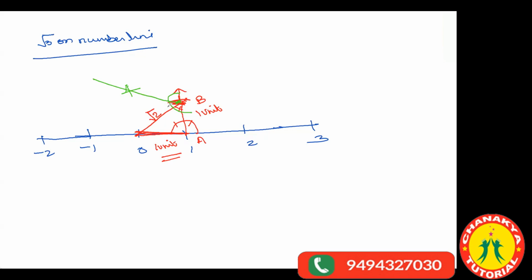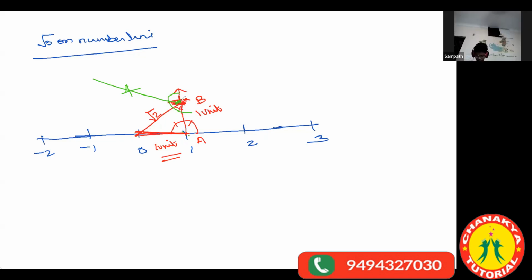Drawn? Yes, ma'am. Jitendra, Yukta, Pranav, yes, drawn, ma'am. Okay. Now children, take this OA, 1 unit distance, in your compass and put it over your compass at B point. Ma'am, OA length or OB length?